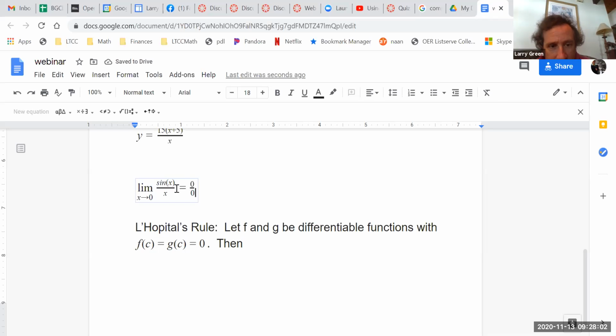Let me write it this way. Copy and paste and adjust. The limit as x approaches c of f of x over g of x is equal to the limit as x goes to c of f prime of x over g prime of x.